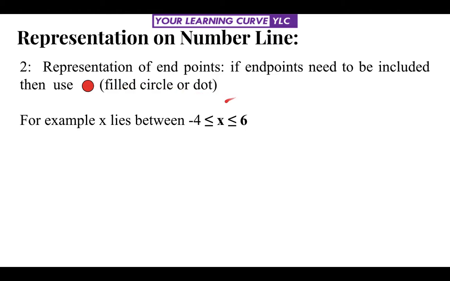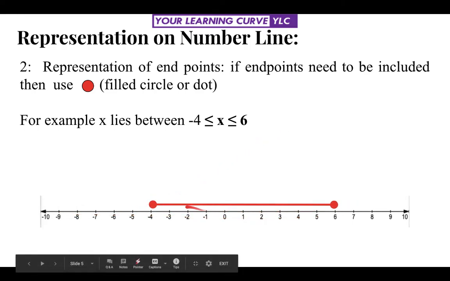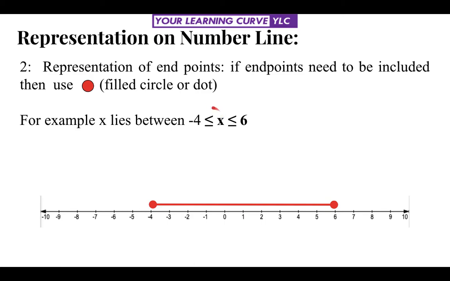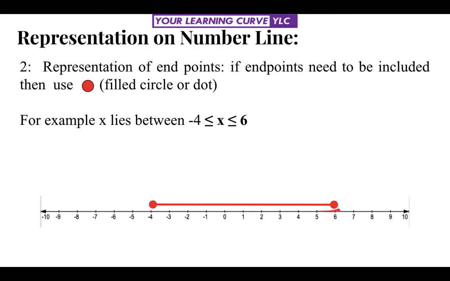For example, if x lies between -4 to 6 and x can be equal to -4 and it can be equal to 6 also, then we draw the number line, we draw the interval, and if -4, that is the lower end of the interval, is to be included, we put a filled circle over -4. If the upper limit of the interval is to be included, we put a filled circle over the upper limit, that is -4 a filled circle, 6 a filled circle, and the entire interval from -4 to 6.